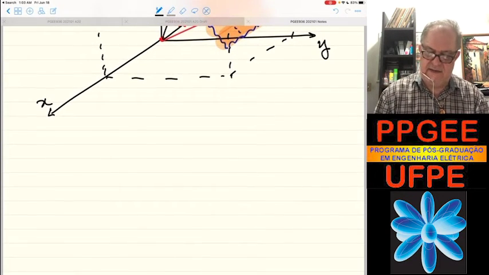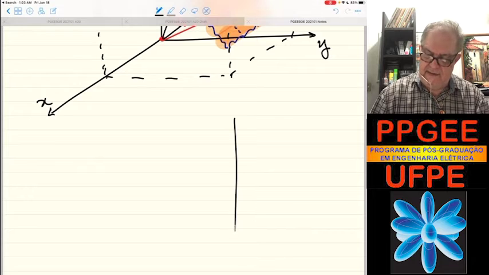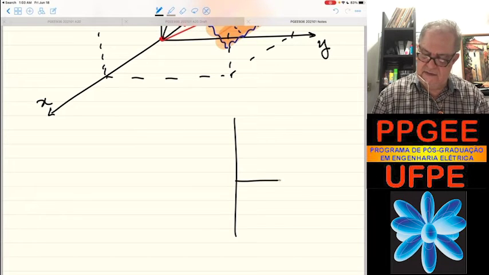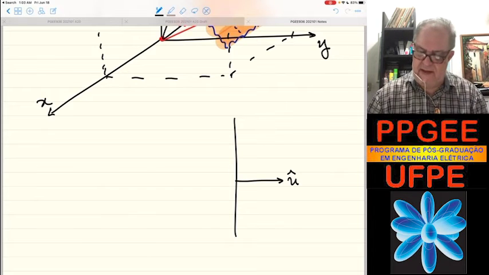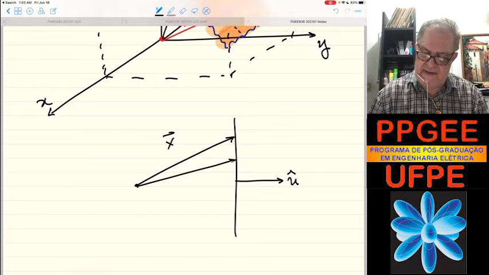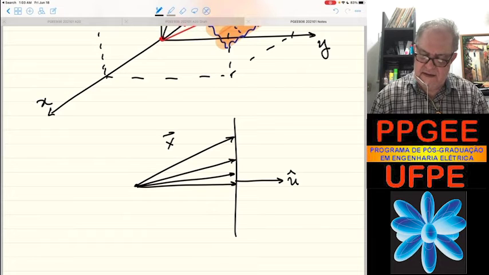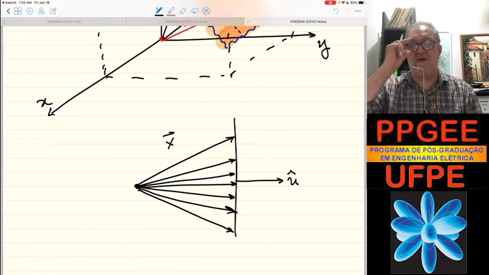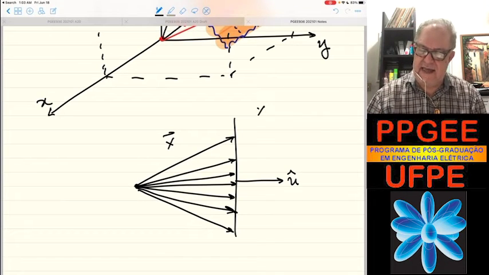So it's something like this: plane, u direction. Just look at the projection on the paper. Any vector that ends on a plane orthogonal to u has always the same projection, which is this smallest length vector here. So all these vectors are the locus of points such that x dot u is constant.